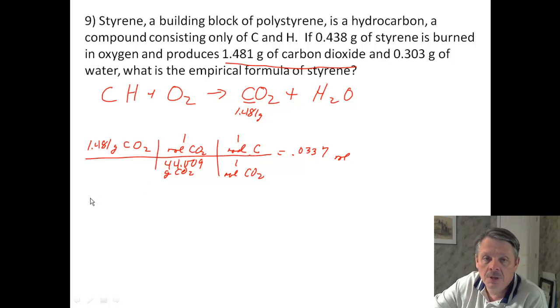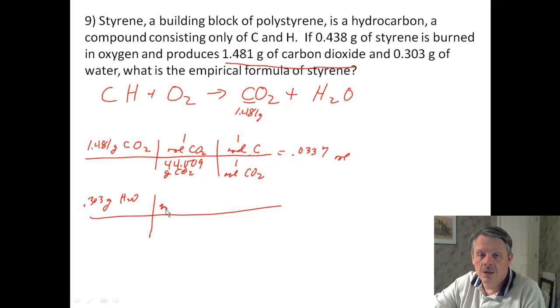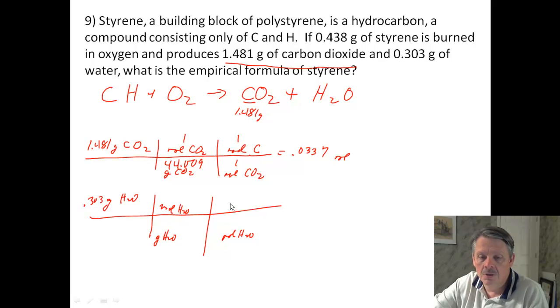All right, well, let's do exactly the same thing with 0.303 grams of water. So I now take grams of water to moles of water, and I go from moles of water to moles of hydrogen.